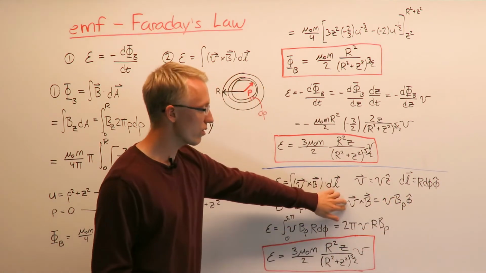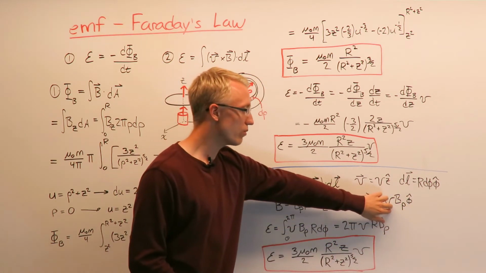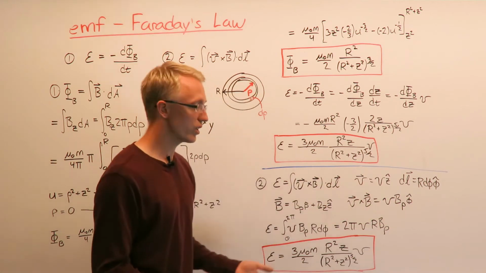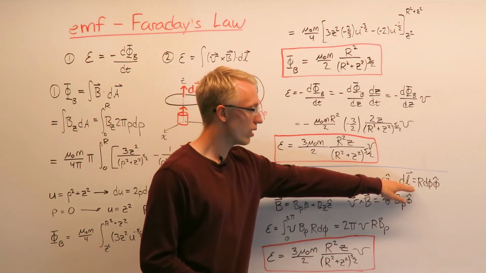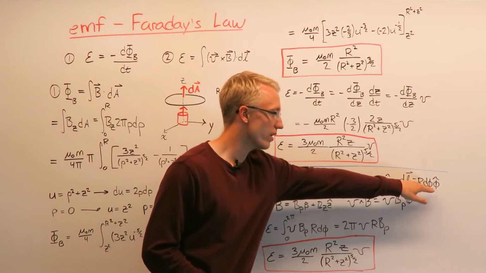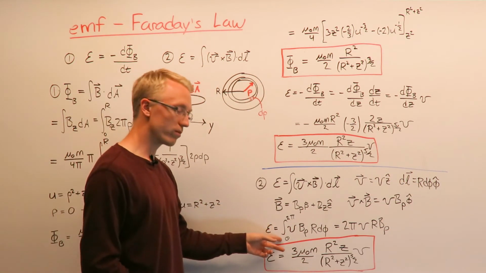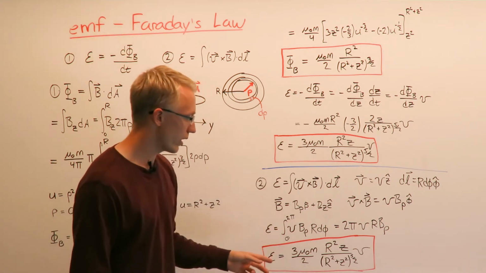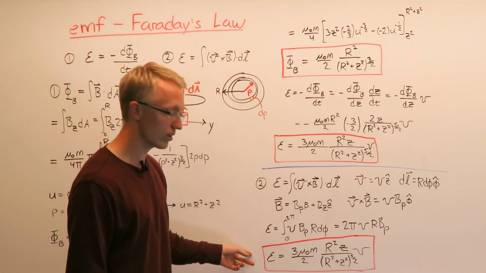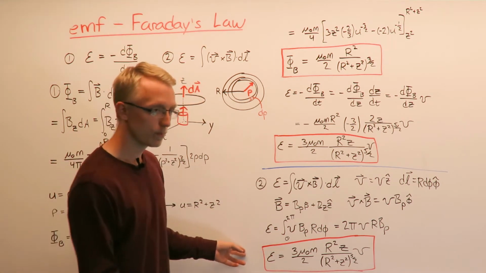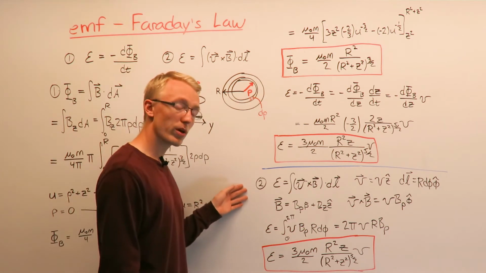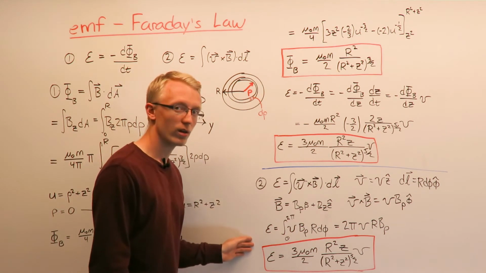So we get that v cross B is equal to v B rho phi hat. Additionally, dl is equal to r times d phi phi hat. If we add these values in and integrate from 0 to 2 pi, we get the same exact expression as before. And you can also see that this method was far easier to use.